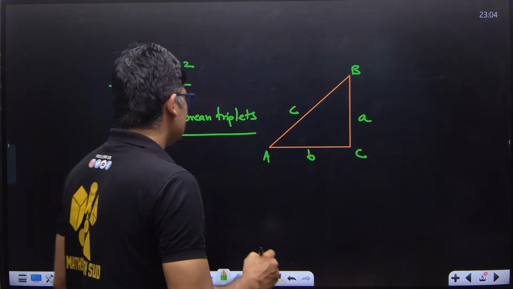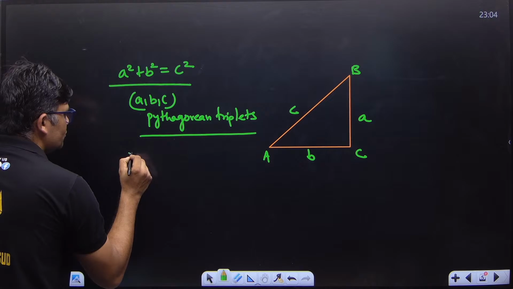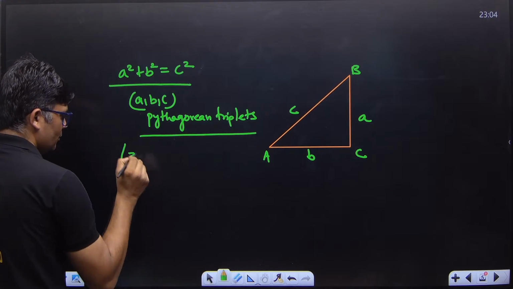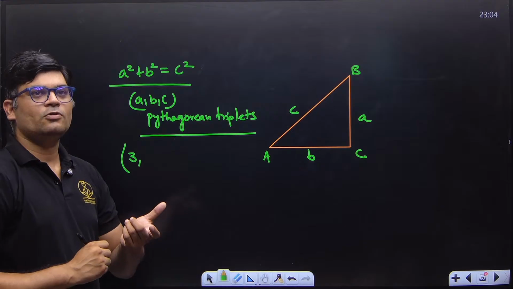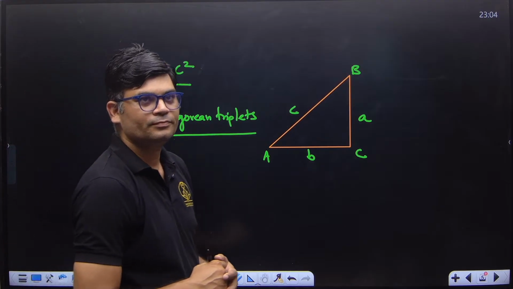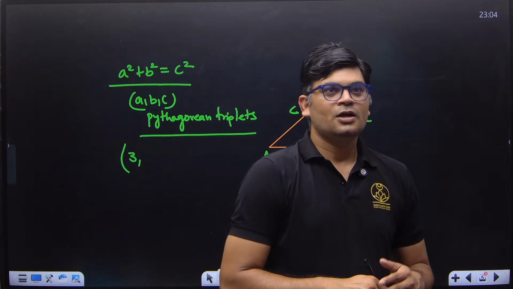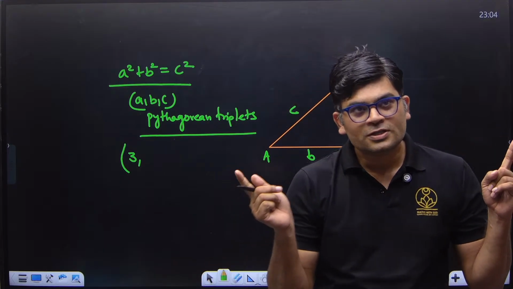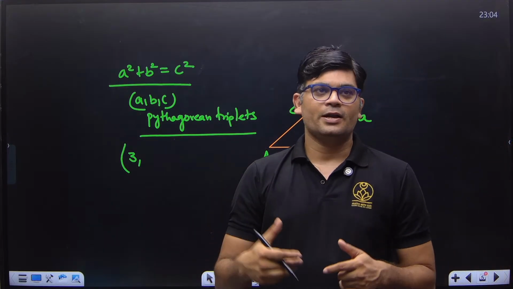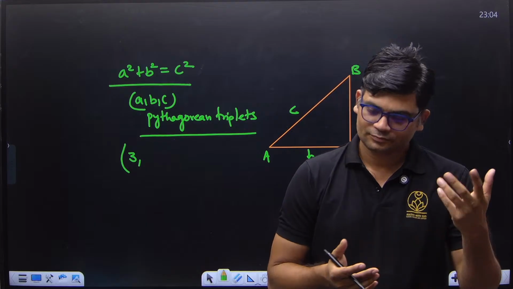So first, can you tell me what is 3 square? What is 3 into 3? 9. Can you tell me two consecutive numbers whose sum is 3 square? 4 and 5.